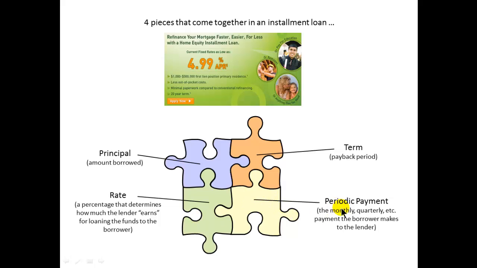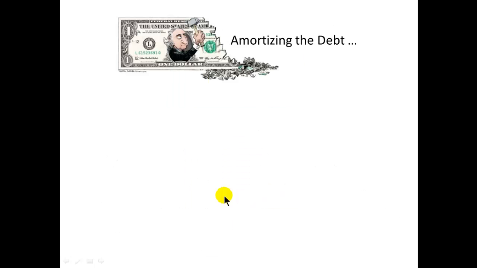And then, of course, we just mentioned payment. That is the last piece of this puzzle, that periodic payment that you have to make, and that obviously is going to include some amount that's going to pay down some principal. It's going to have some amount to pay down the interest. It's determined based on that interest rate. And so all of these pieces of the puzzle work together for that loan transaction.